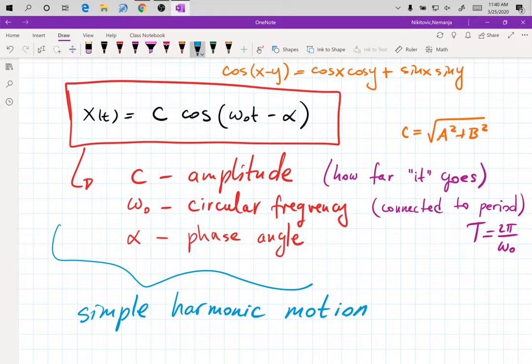Go ahead and figure out what the complicated harmonic motion looks like if this is simple. Now, phase angle, phase shift, what is that all about? What does that mean? Well, that will introduce some time lag.